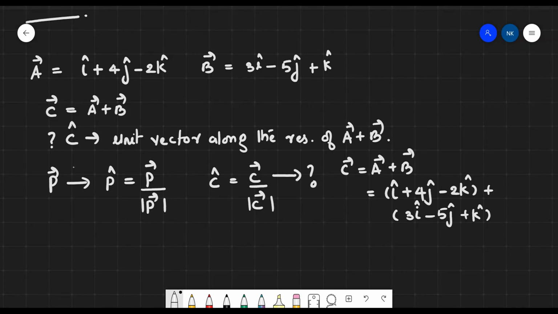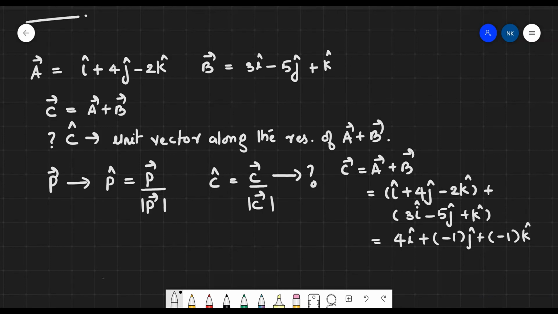This was vector B. इन दोनों को add करने का मतलब i और i का component add कर लो. 3 plus 1, 4 i cap, plus minus plus 4 minus 5, that is minus 1 j cap, plus minus 2 plus 1, that is minus 1 k cap.